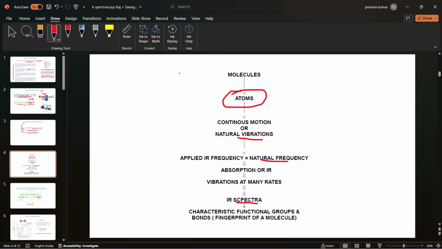This is the whole principle of IR. The IR frequency matches the vibrational frequency of the molecule, and each functional group has a unique vibrational frequency, by which each molecule has a unique IR spectrum.